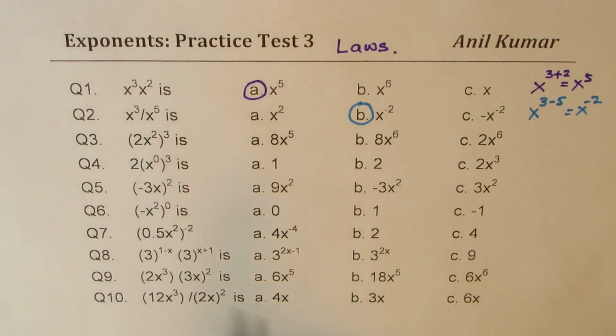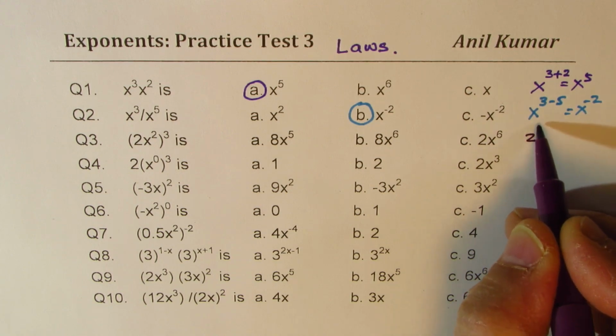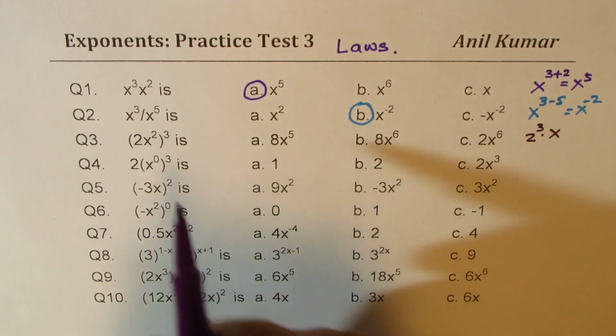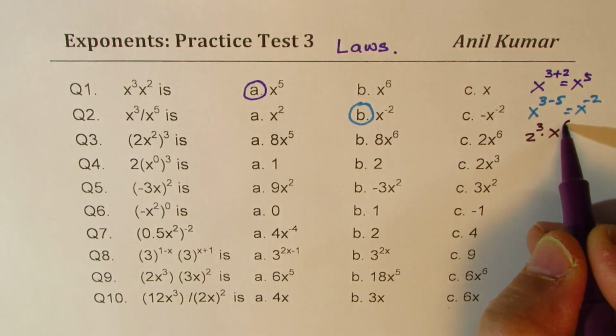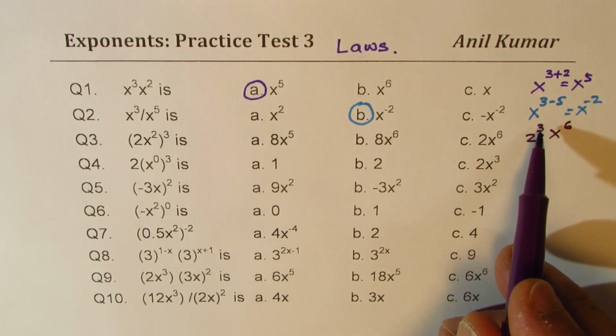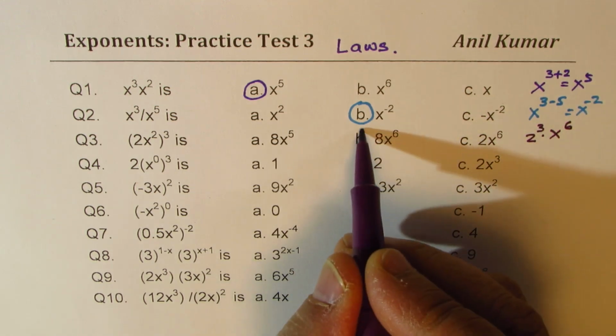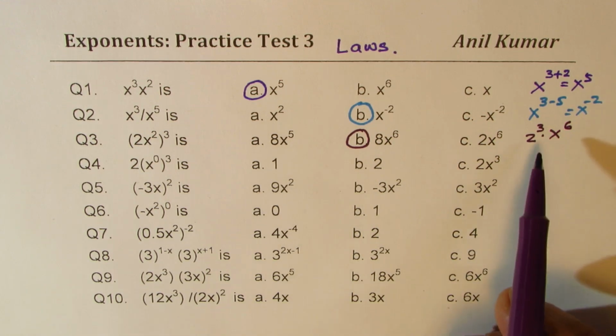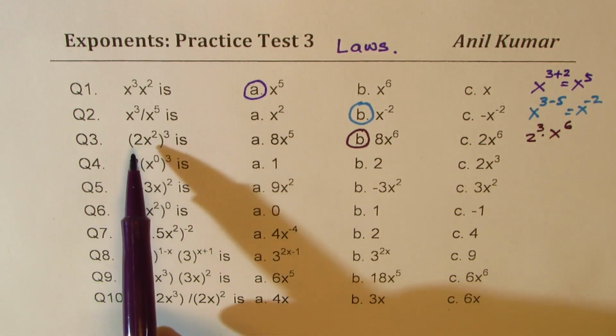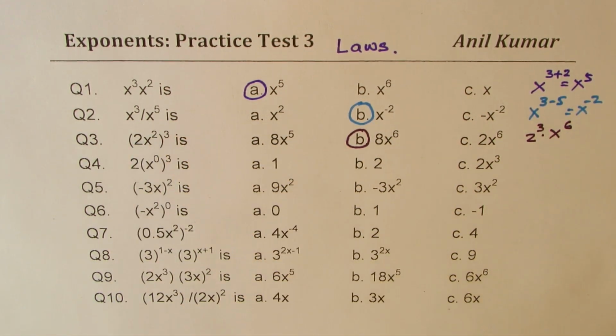So what do we get here? We get 2 cubed times x to the power of 2 times 3, which is 6. 2 cubed is 8, right? So option B is the right option. Don't forget to cube 2.